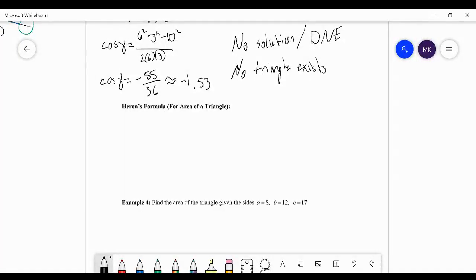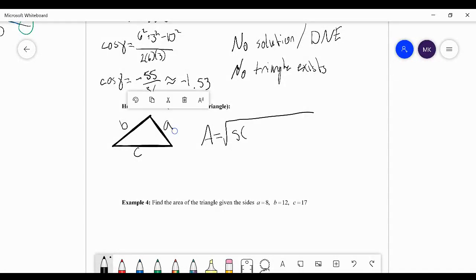Heron's formula for area of a triangle. I'm not going to derive this with you guys. I'm going to give you this formula and you guys just use it. It's going to be that easy. So if we have a triangle with side lengths A, B, and C, then the area of this triangle is equal to this massive square root of S times (S minus A) times (S minus B) times (S minus C).